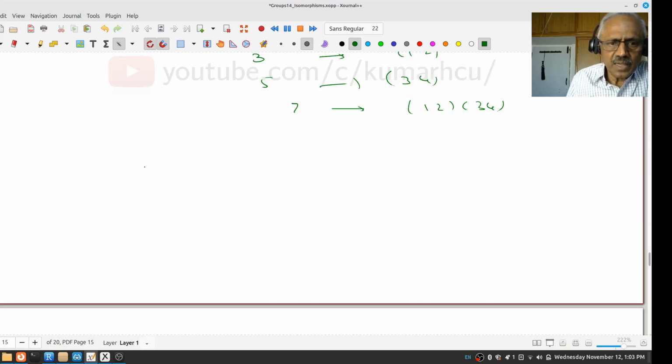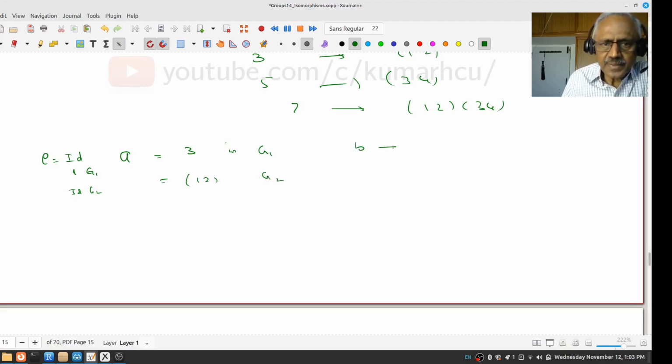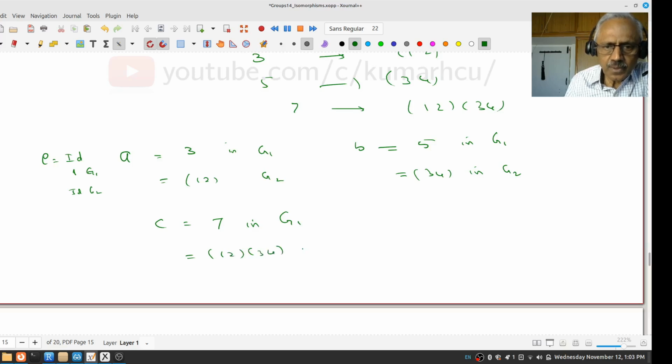Now suppose I call the element E the identity, that is 1 in G1, and the identity in G2, and A equal to 3 in G1 or equal to (1 2) in G2, and B equal to 5 in G1 and equal to (3 4) in G2, and C equal to 7 in G1 and equal to (1 2)(3 4) in G2.